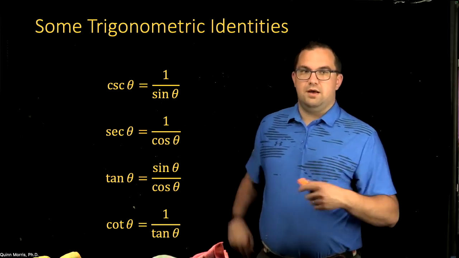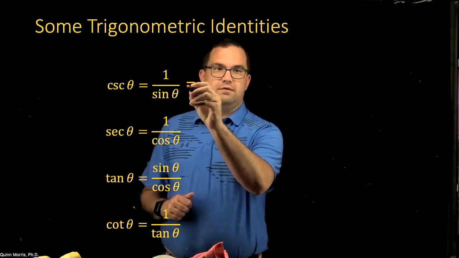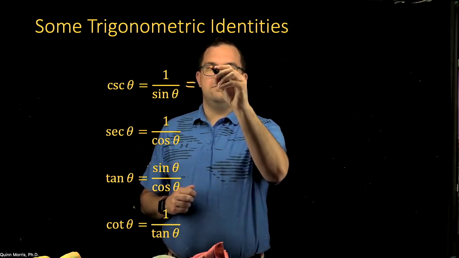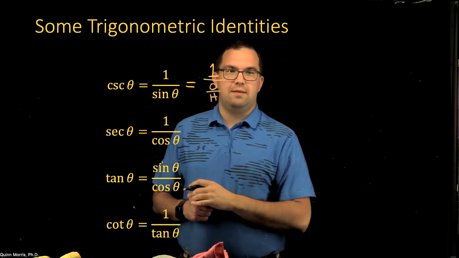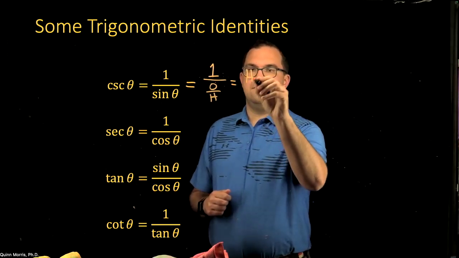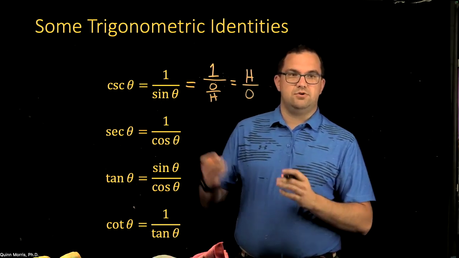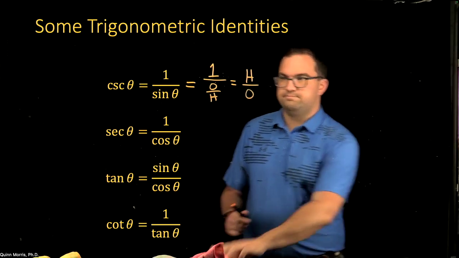This will again be important, particularly if we think in terms of a right triangle. Sine was the ratio of the opposite side length to the hypotenuse, and so cosecant of an angle would be the hypotenuse over the opposite side. And you could continue with these for secant and cotangent as well.